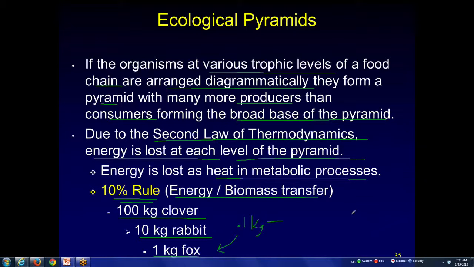So the 10% rule can be used, and on the test, you do need to be able to apply the 10% rule. So if I said we had 50 kilograms of, let's say, bluegrass, or little blue stem. It's a type of grass. So I have 50 kilograms of little blue stem, and then we have buffalo eat the blue stem. How many kilograms of buffalo flesh would result from 50 kilograms of little blue stem plant consumption?